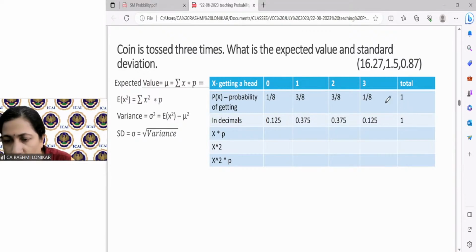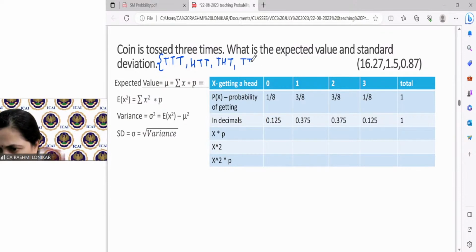And then we have a total column. What is the probability of getting 0 heads? That is one possibility. Okay, I can write it down here. So you have T, T, T, all 3 are tails. Then you have 1 head, so it can be HTT, THT or TTH. This is 1 head. 2 heads: HHT, HTH and THH.